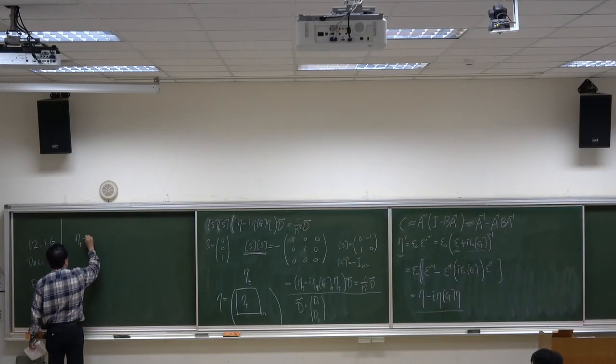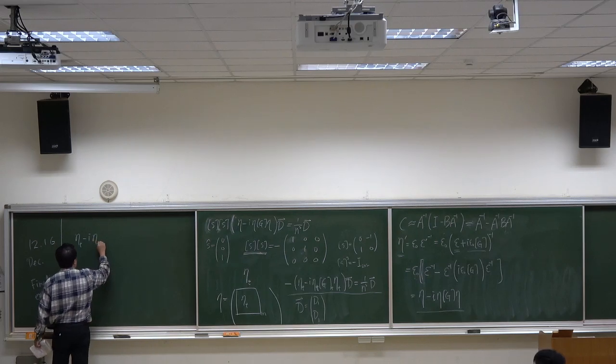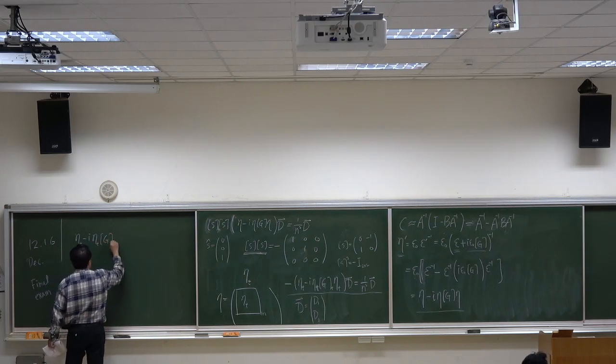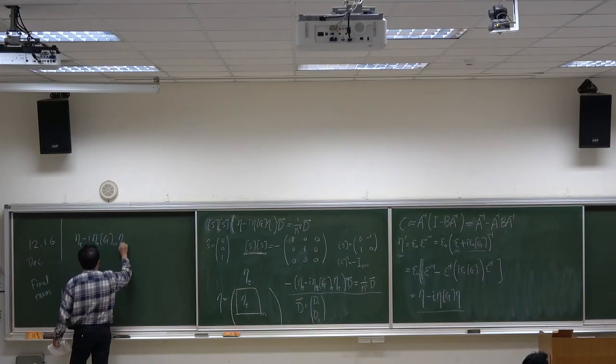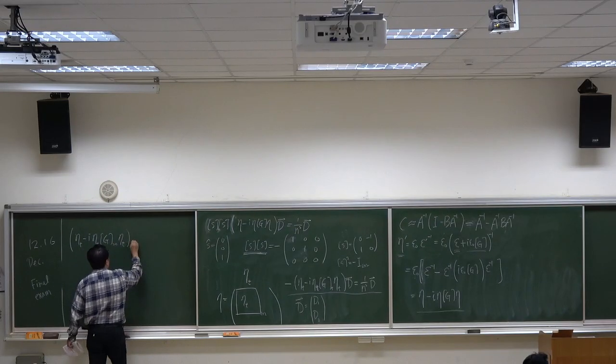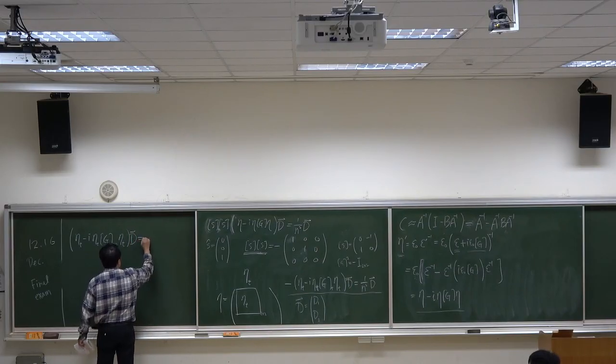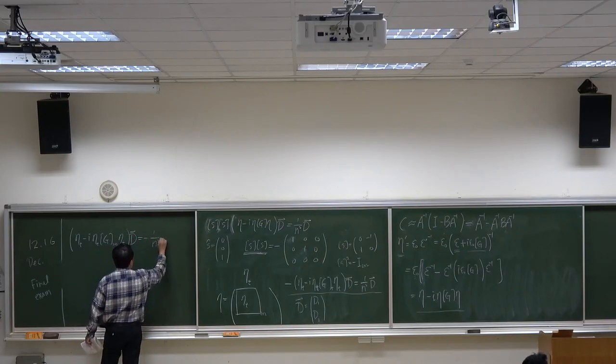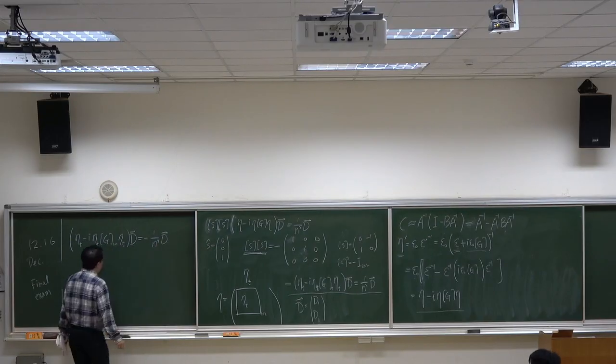And so you can write this result as eta t minus i eta t g 2 by 2 eta t times d is equal to minus 1 over n squared times d.